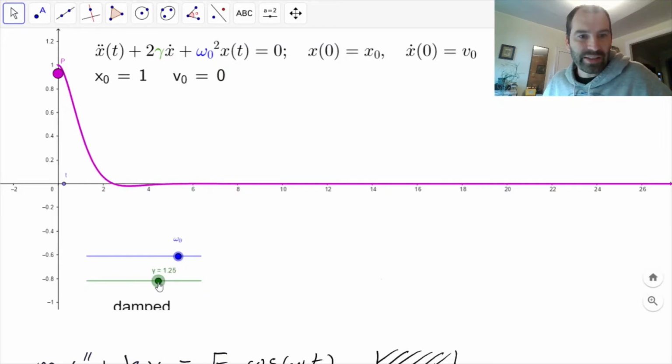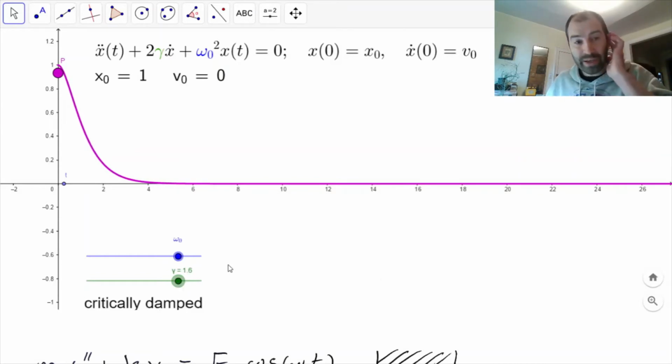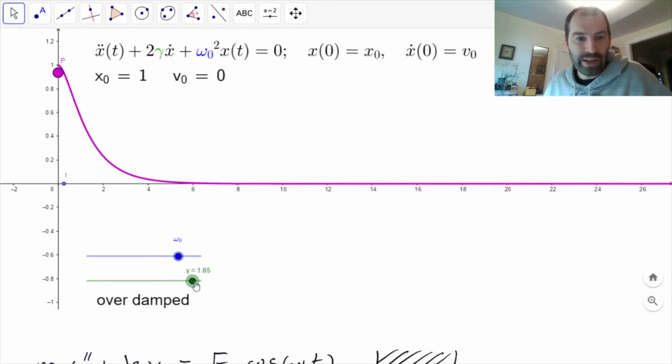It's oscillating less and less. It can't really oscillate. There's too much resistance. And once we get to critically damped, once gamma equals omega naught, there is no oscillatory behavior. It's all gone, right? And when we go past omega naught, it's completely gone. That's the overdamped case. Okay, so these are the situations that we're talking about here.